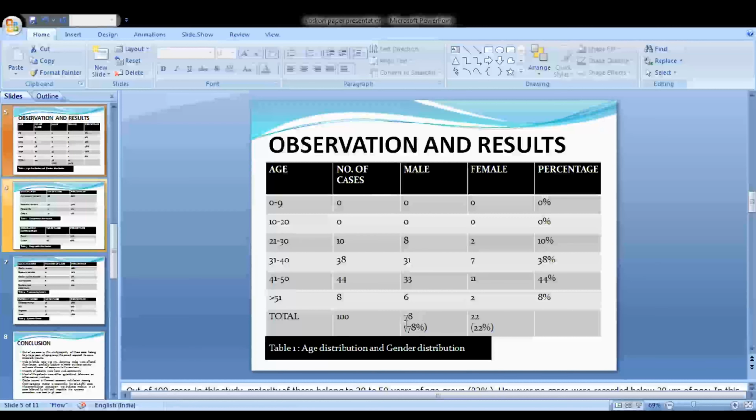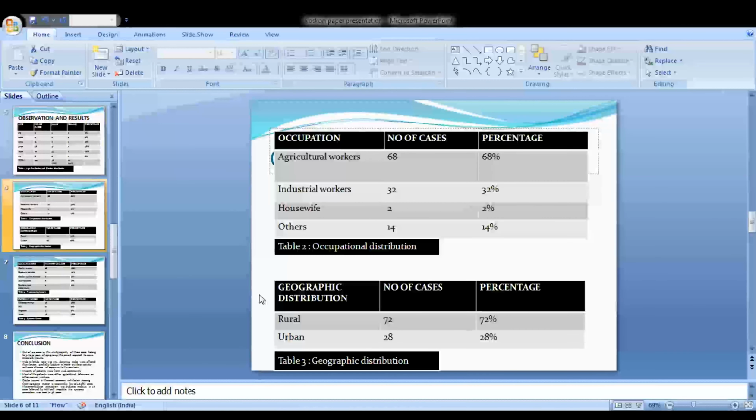Out of 100, there were 78 males and 22 females. Coming to the occupational distribution, 68 were agricultural workers, 32 were industrial workers, housewives were 2, and others were 14 in number. Geographic distribution showed the rural population was 72 in number and urban 28 in number.